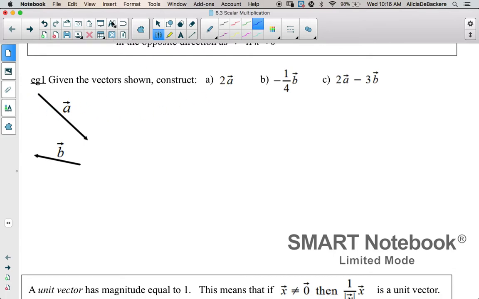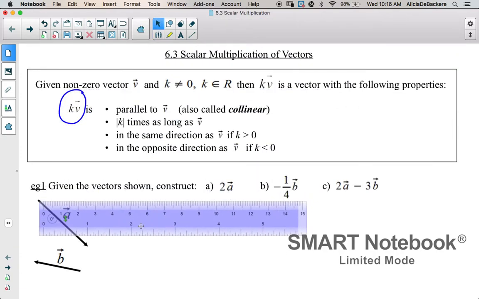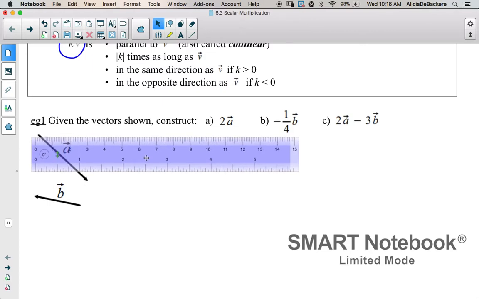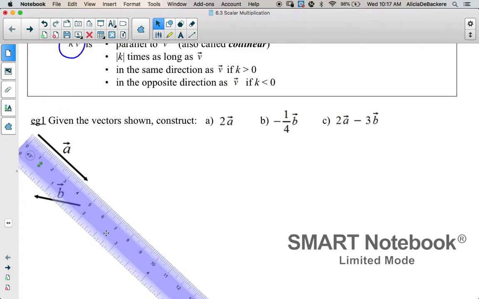What I'm going to do is grab my ruler, and I'm going to line it up with vector A, and I'm going to measure it out. So this one here I see is about 4 centimeters long. And I'm going to draw a new vector that's twice as long.